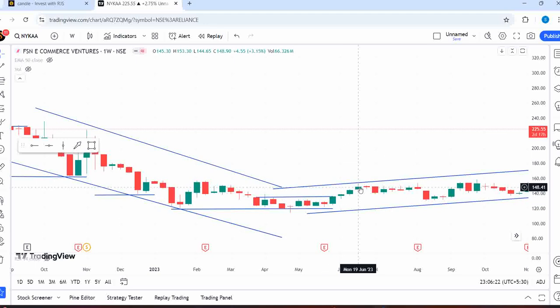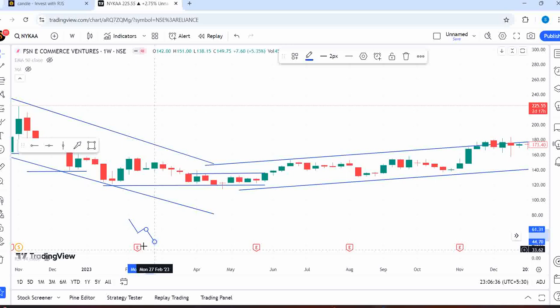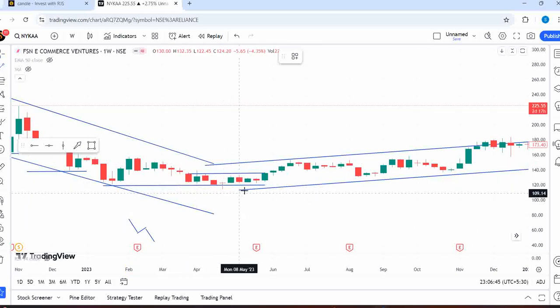See here, again it went up, came down, but this time, this is the main thing you have to understand here. Here it was like this, 1, 2, 3. See, this actually got breached and came down. But here what's happening is it started from here to here.